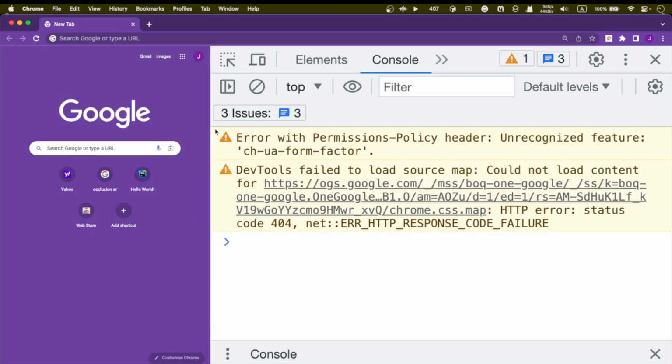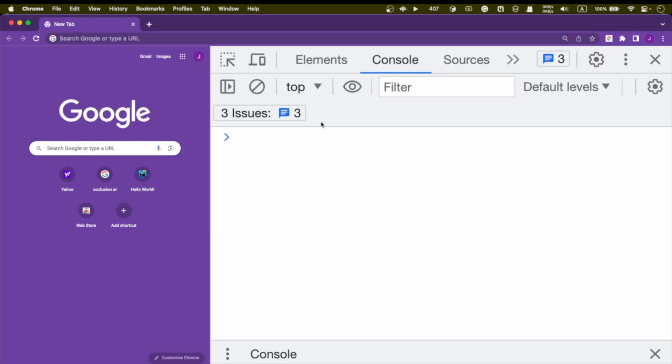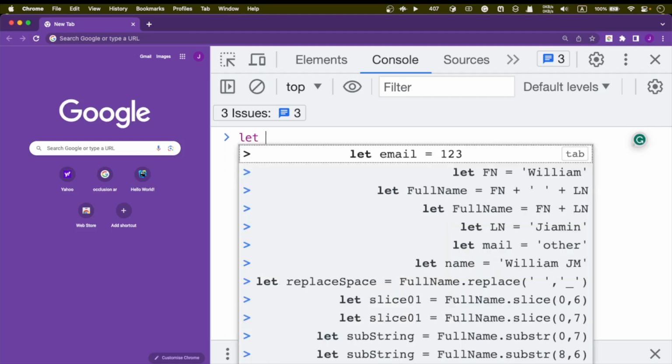Remember, everything we are doing here is just inside of our console. Of course, you can use an IDE as we get into more complex concepts and syntax, but right now let's just go to Chrome, and we already know let and const.